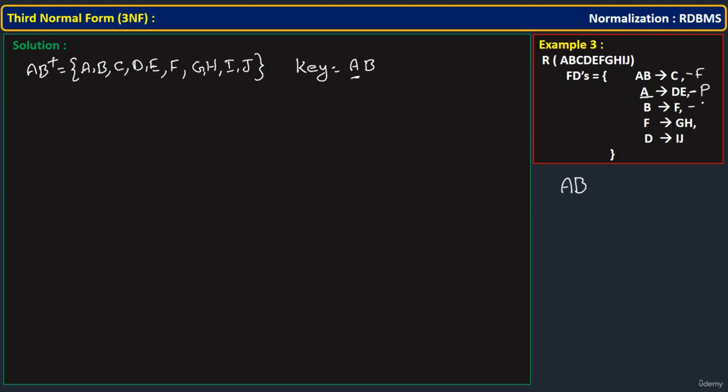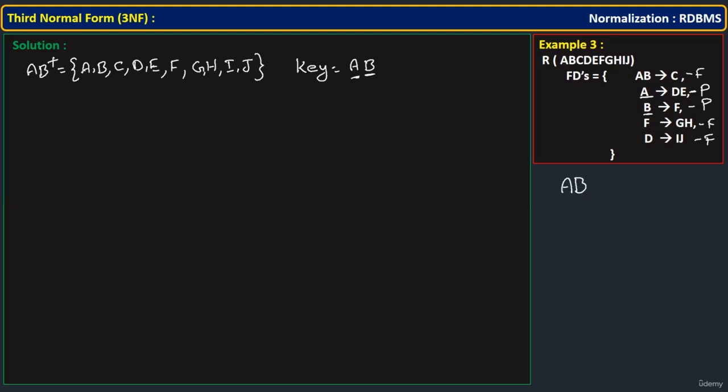And even this is a partial functional dependency, because a subset of the key derives non-key attributes. So these two are the partial functional dependencies. Of course, these are full because it is non-key to non-key, so these two you don't need to consider.